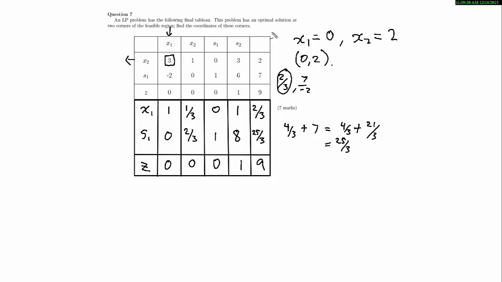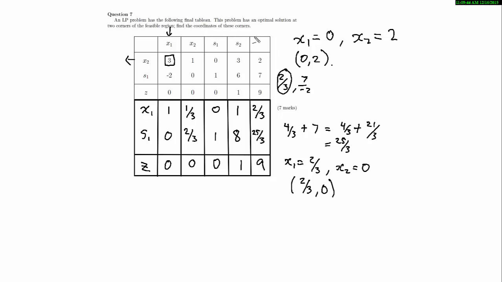So we can now find the coordinates of the optimal solution for this tableau. We can see that x1 makes an appearance here, and it's equal to 2 on 3. And x2 does not make an appearance on that left-hand column, so it equals 0. The corresponding coordinates are (2/3, 0).